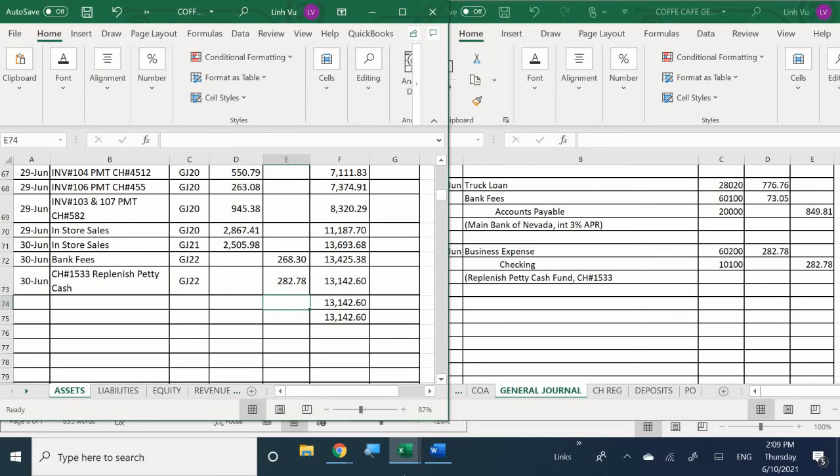Excellent. Okay, so that transaction is done.